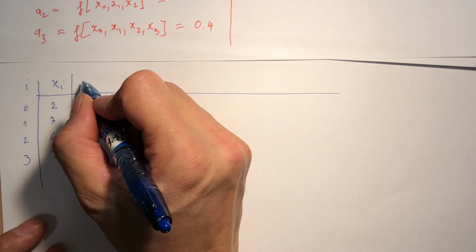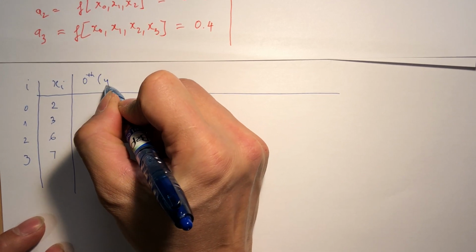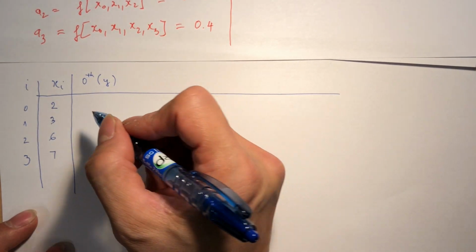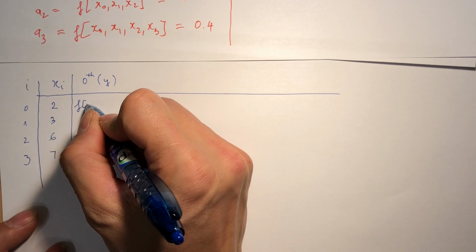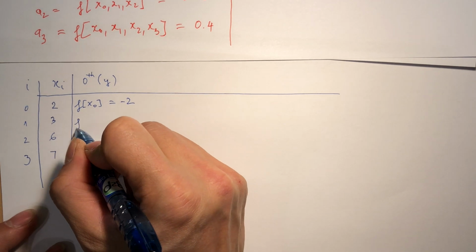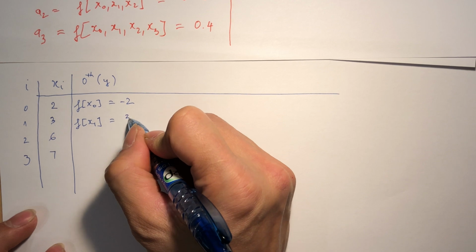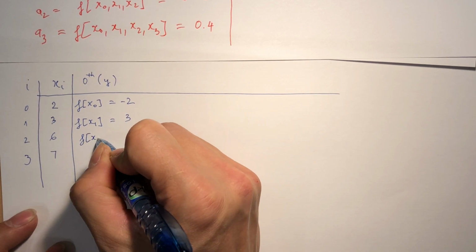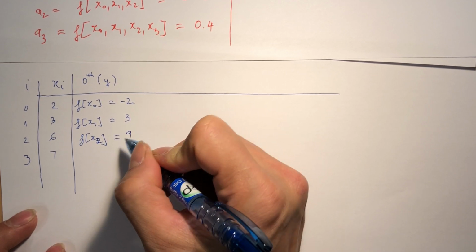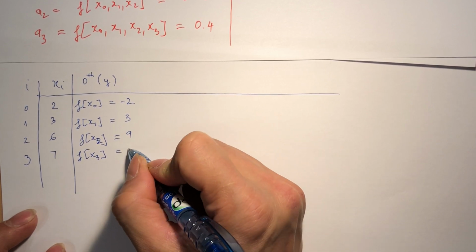Now the zero derivative is equal to y. That means f x0 is minus 2, f x1 is 3, f x2 is 9, and f x3 is 16.